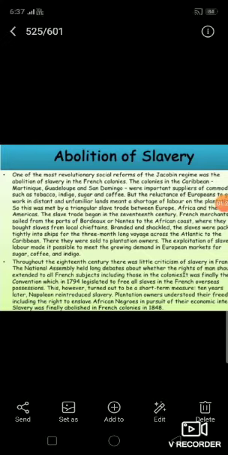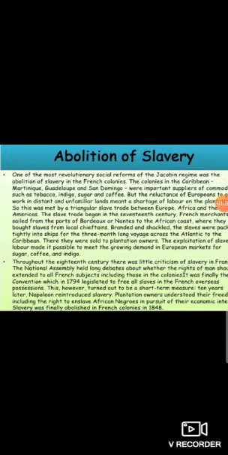The slave trade began in the 17th century. French merchants sailed from the ports of Bordeaux or Nantes to the African coast, where they bought slaves from local chieftains. Branded and shackled, the slaves were packed tightly into ships for the 3-month-long voyage across the Atlantic to the Caribbean.